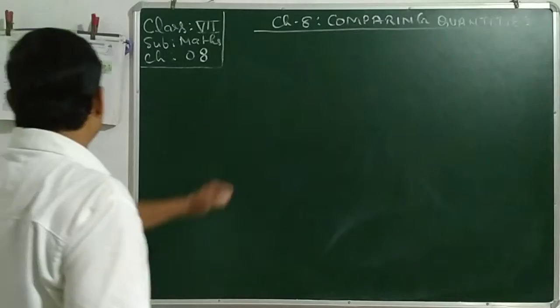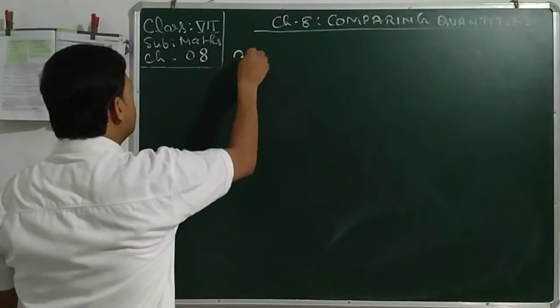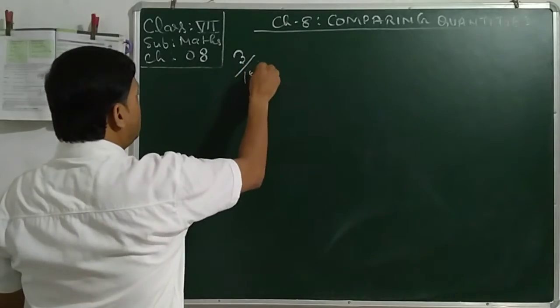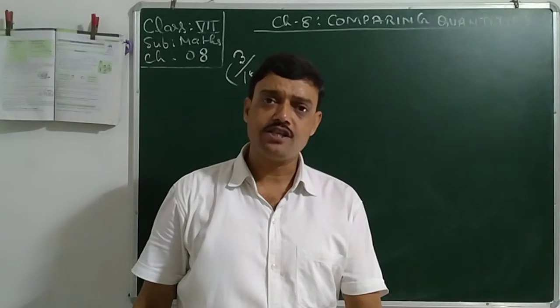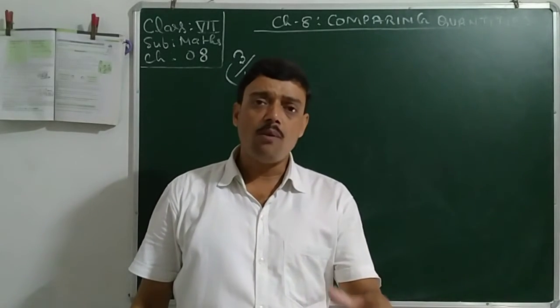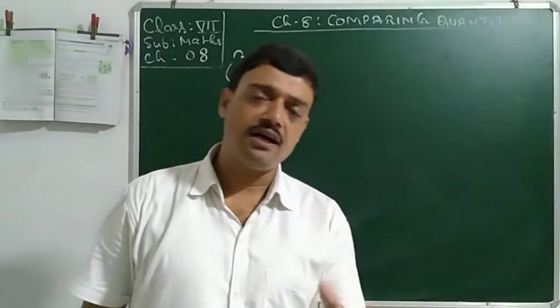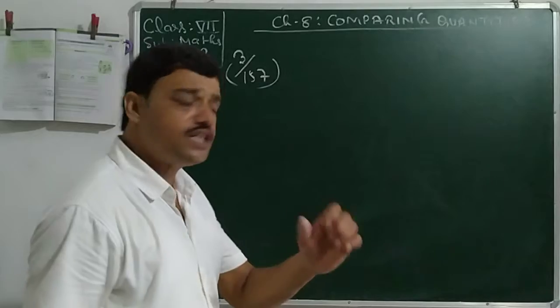You are asked how many people are there per kilometer square in both these states. You know, it is known as the density of the population. That means in 1 kilometer area, how many people live in a particular region. That is called the density of that region.